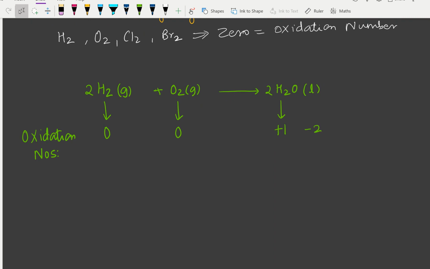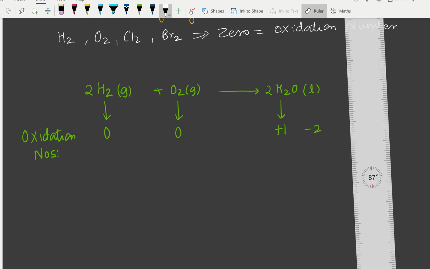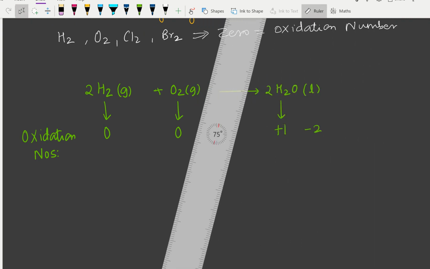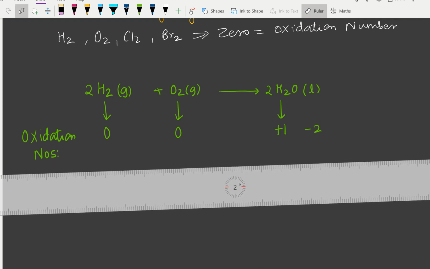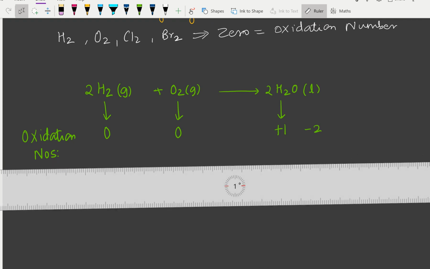Okay, so now let me just talk in terms of oxidation reduction. If I'm talking about oxidation reduction in terms of your oxidation numbers, how do I do that? Well, it's very simple. Just look at the hydrogen. What's happening to the hydrogen? Now here I'm just writing it down. This is for hydrogen, this is for oxygen.